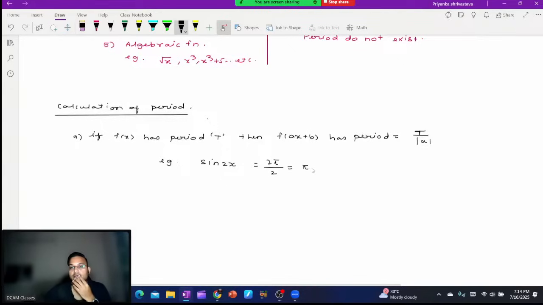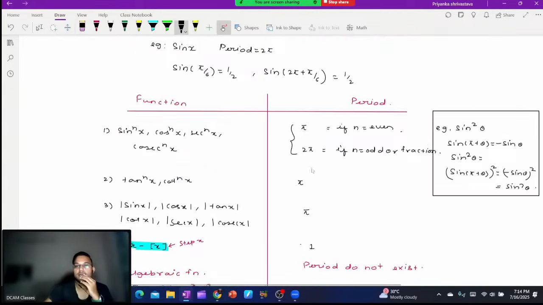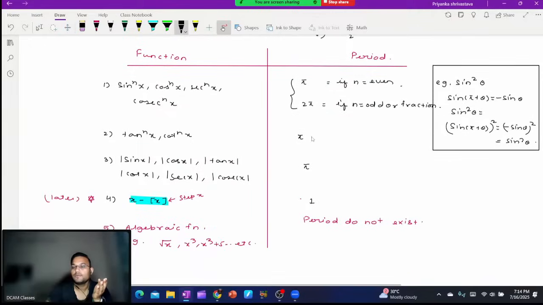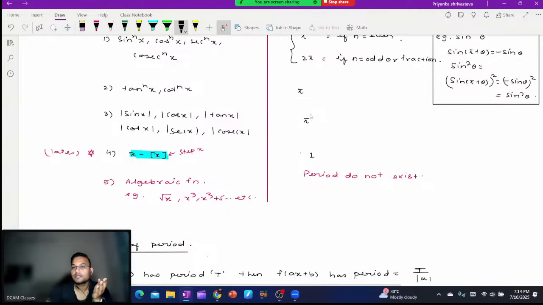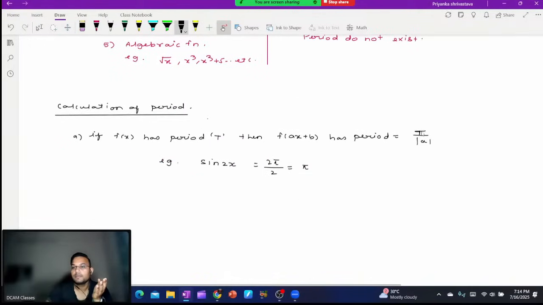Because the period of sin x is 2 pi. So what will be the period of sin 2x? Normal period 2 pi divided by a, which is 2. Understanding? Yes.